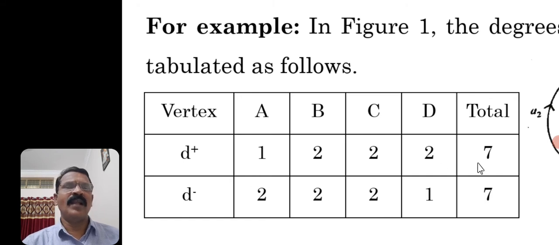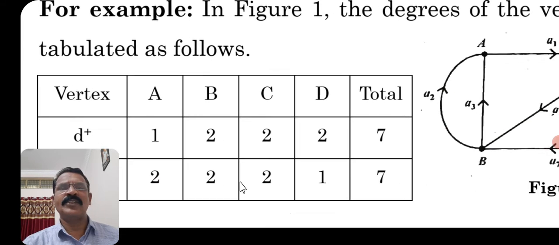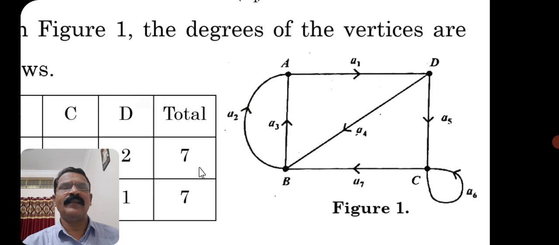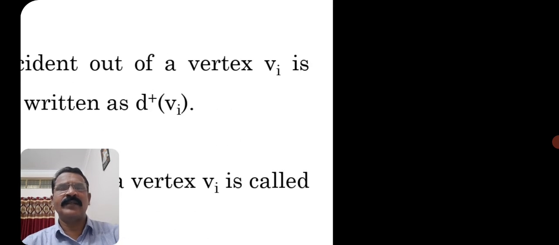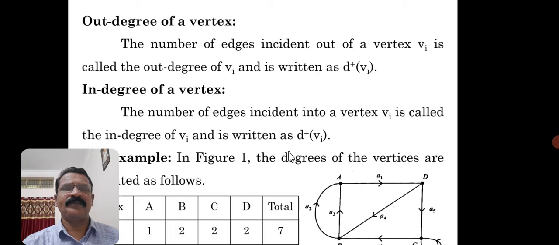So in this graph there is no isolated vertex and no pendant vertex. It will be an isolated vertex if the sum of the out degree and in degree is equal to 0. If the sum of the out degree and in degree is equal to 1, then it will be a pendant vertex. Okay, so let me consider some other ideas.